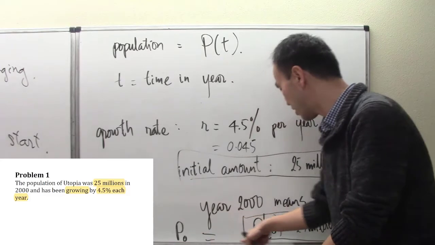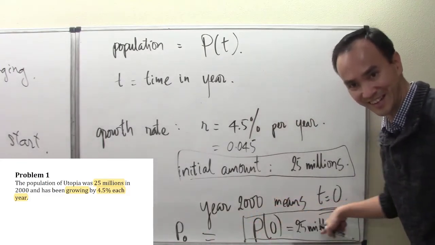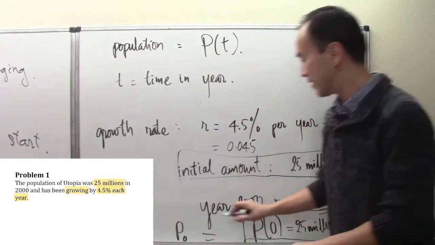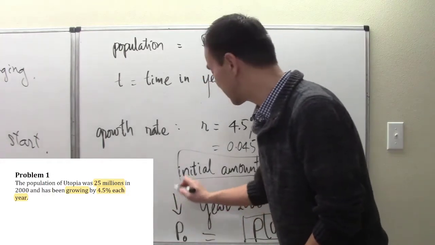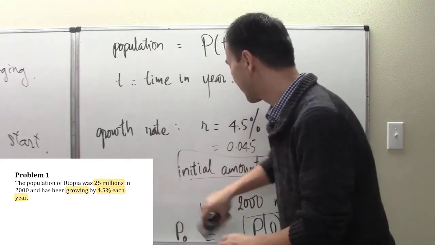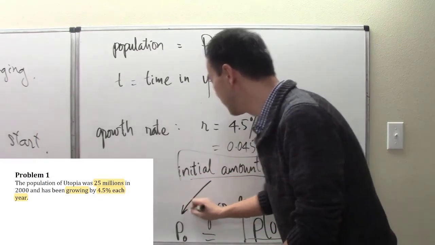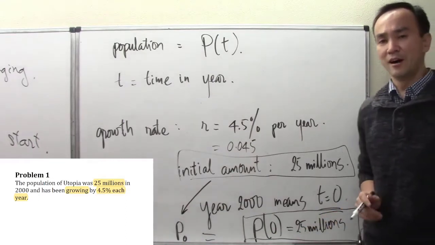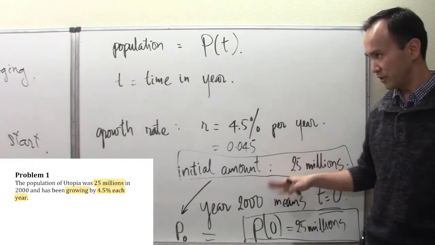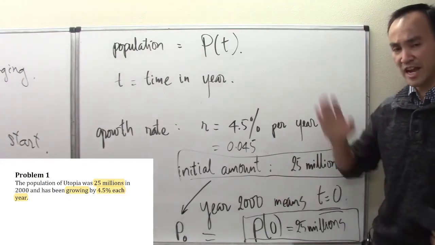So P0 equals P of 0, and that's the initial amount being 25 millions. All right, so take good note of this right here. This means initial amount. This also means the initial amount. That's a few things that I'm breaking down right here. We're listing that down. And now I'm going to navigate to the other board.